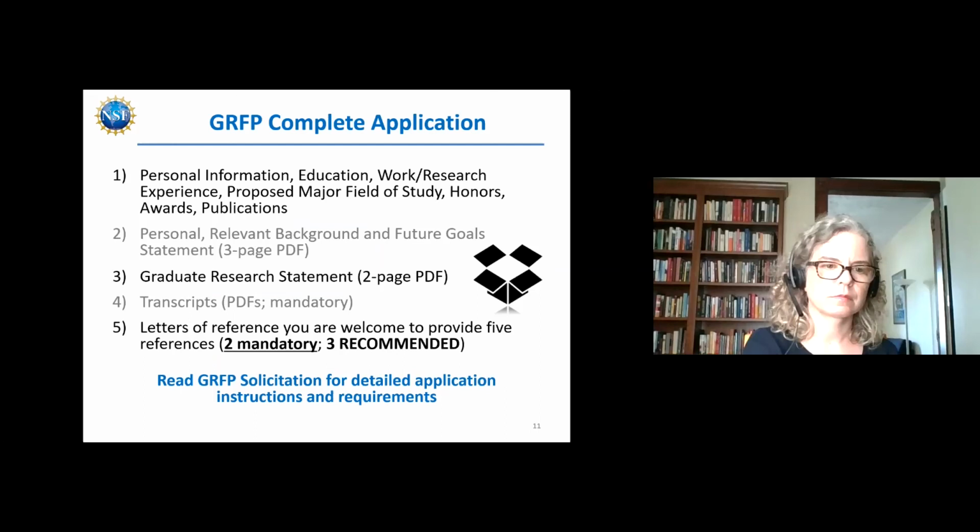Along with those statements, you also have to provide your transcripts, and these need to be provided as PDFs. And then you need at least 2 letters of recommendation. We suggest 3, but 2 are mandatory.